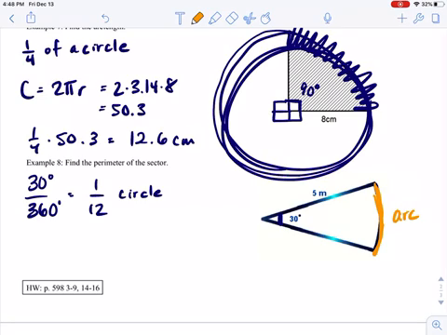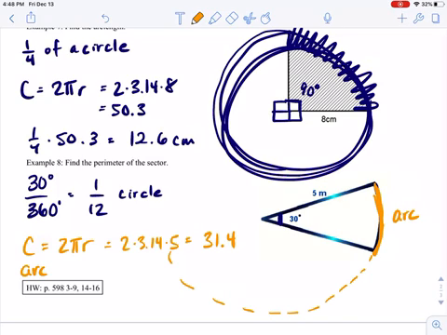And I'm going to do that by finding the entire circumference of a circle that would go all the way around. 2 pi r would be 2 times 3.14 times 5, which is 31.4. Then I'm going to get my arc length. So I need 1/12 of that.